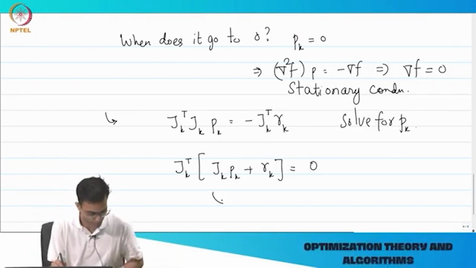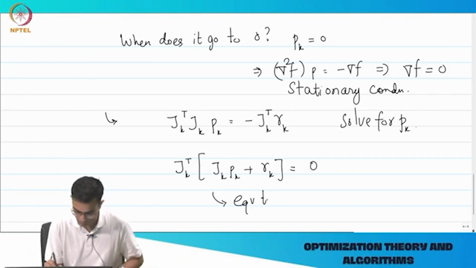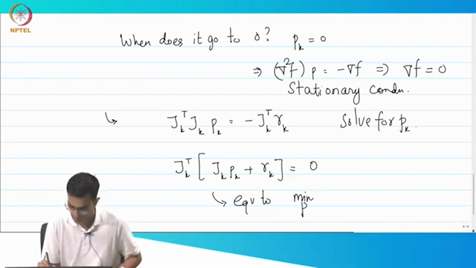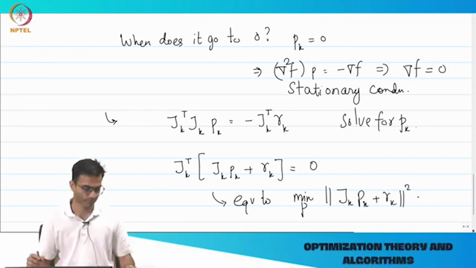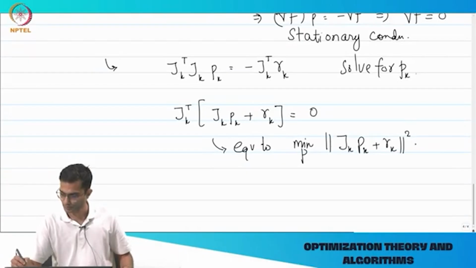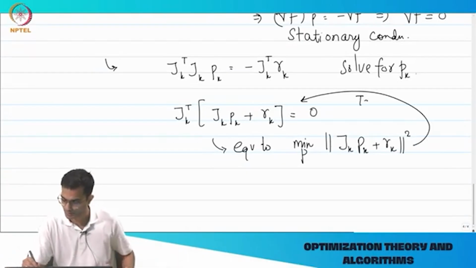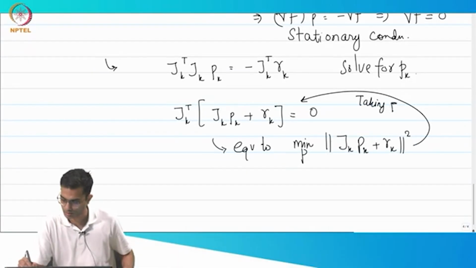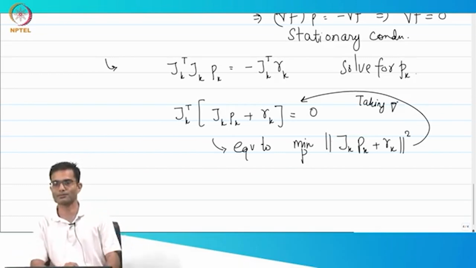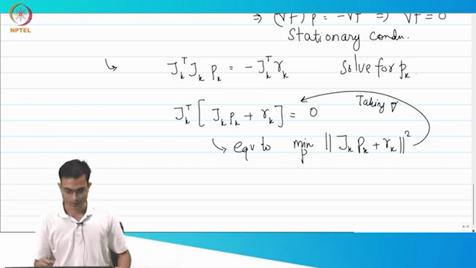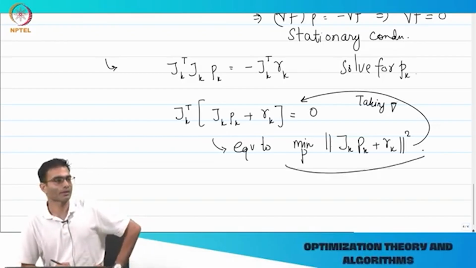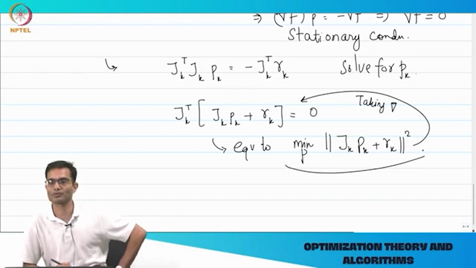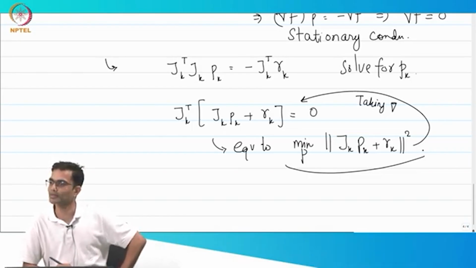So this is equivalent to that: if I take this expression and take the grad, I get this expression. And doesn't this look exactly like your linear least squares problem, if you scroll back in your notes?